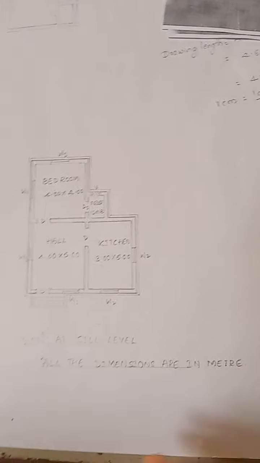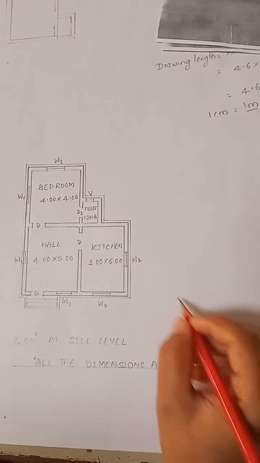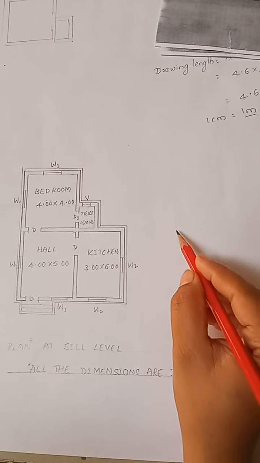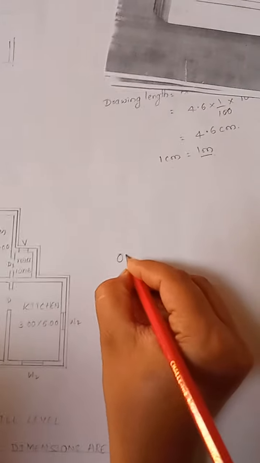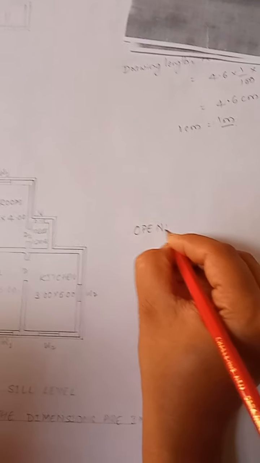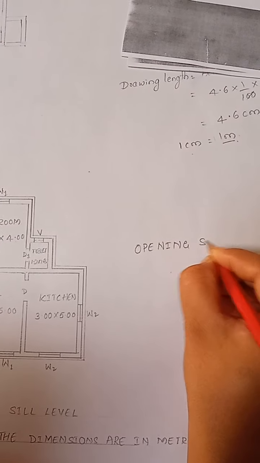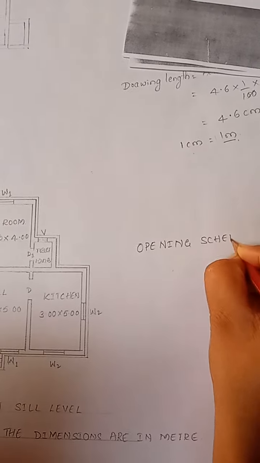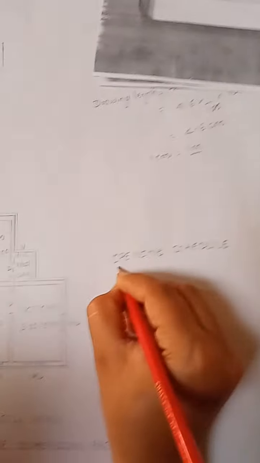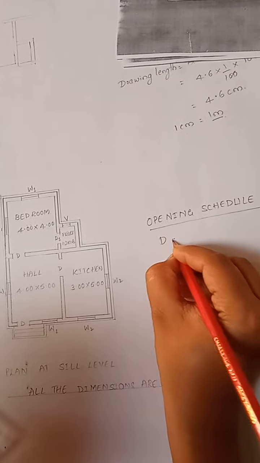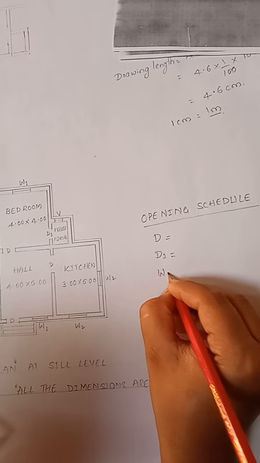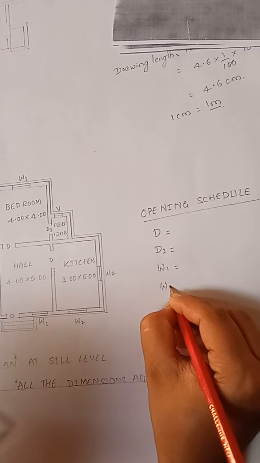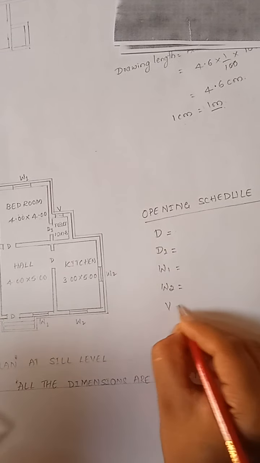If you want, you can show the opening schedule here, how much is the door size. Otherwise I will write it here, opening schedule. Main door, then D1, then window 1, then window 2, then ventilator.